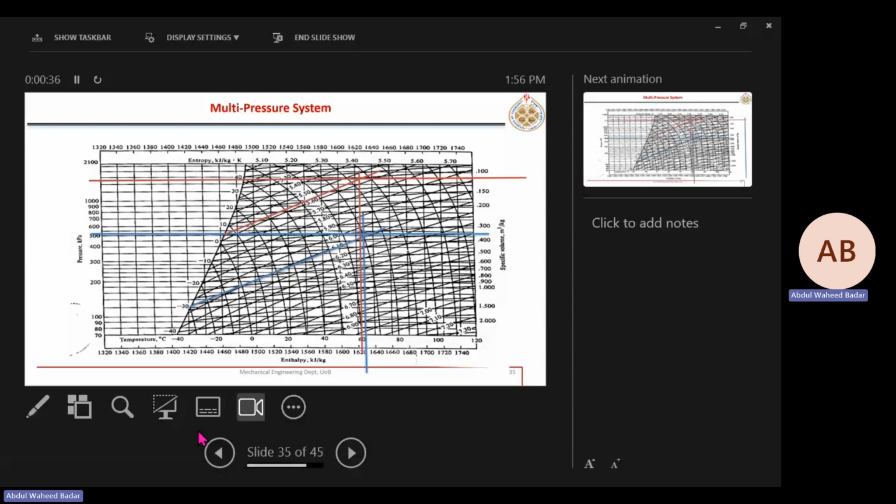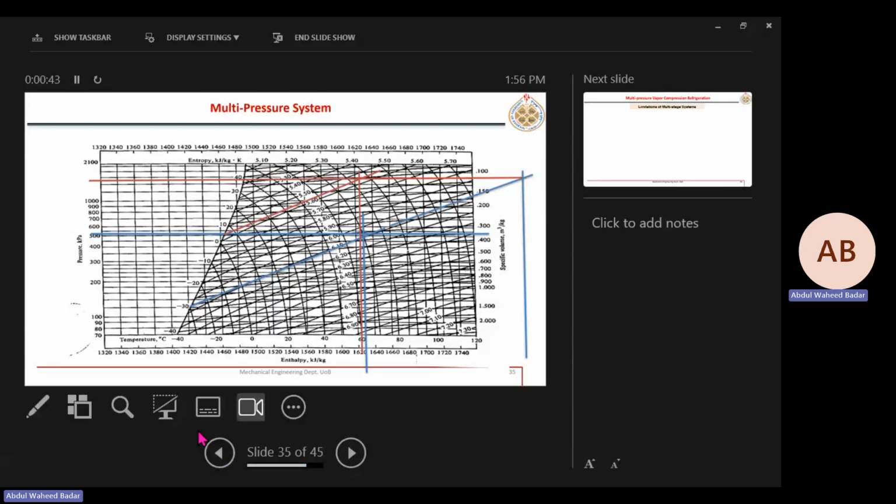So it is out of this chart. If you extend this the same and copy it to the pressure, hopefully in the exam I will not give such a thing which will be outside the paper. But this comes out to be 1810.